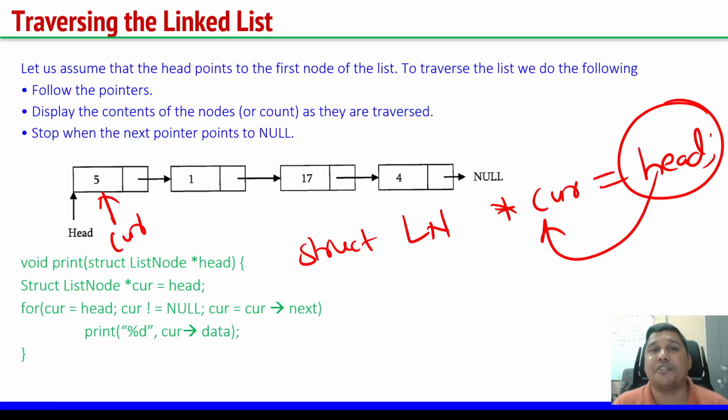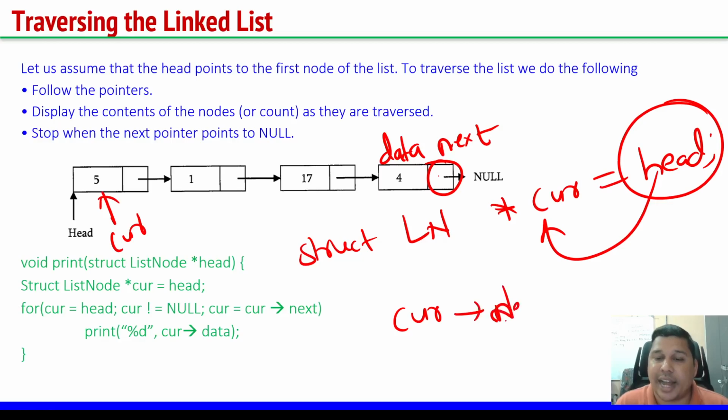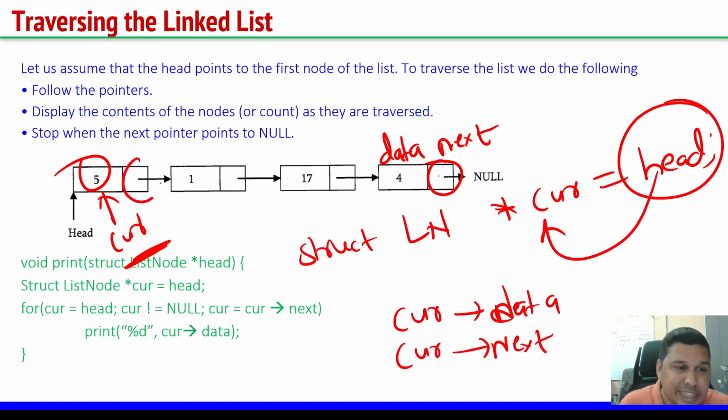Now write a for loop. How to write it? Unless you reach the null, unless current's next is null. This is the data part, and this is the next part. If somebody asks you current of data, it means 5, because current is here now. Then current of next means what is there in this box.